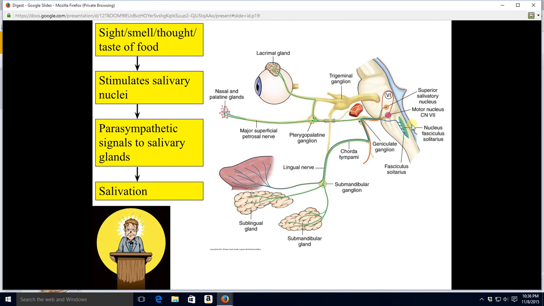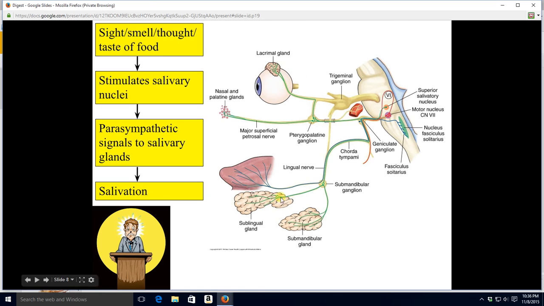Let's talk a little bit more about the control of saliva. Basically, if you're hungry and you see, you smell, you think about food, your primitive brainstem, your pons, is thinking, all right, I see the food, therefore I shall eat that food. I smell it, I'm going to be eating it soon. I better get ready. So the sight, smell, thought, and of course the taste of food does this as well.